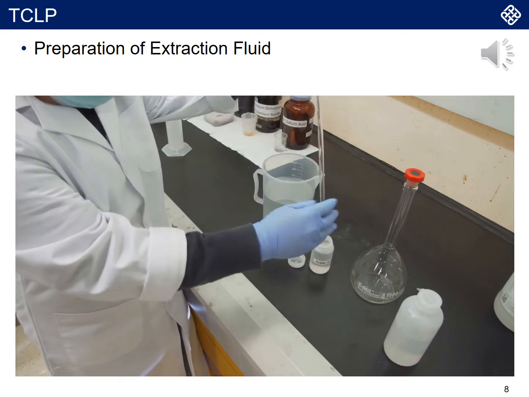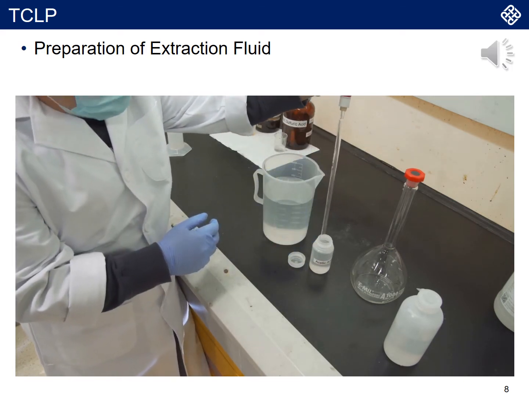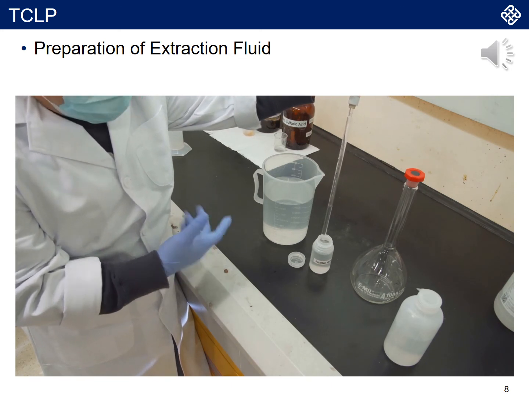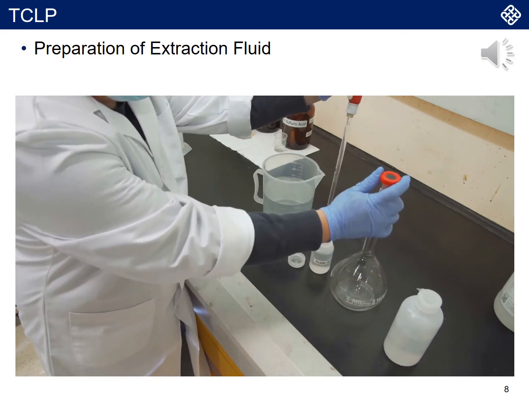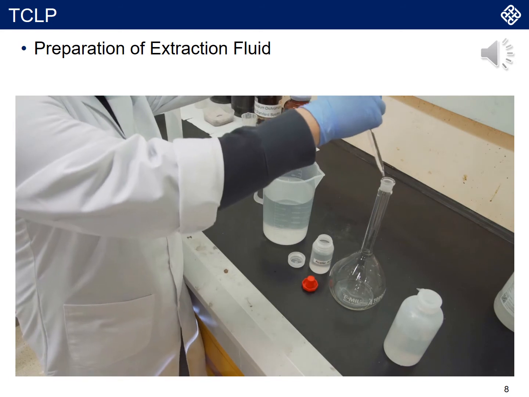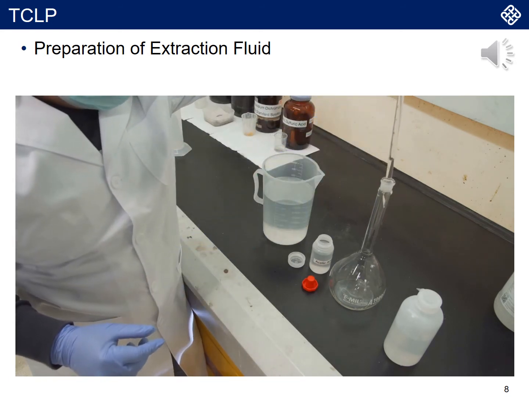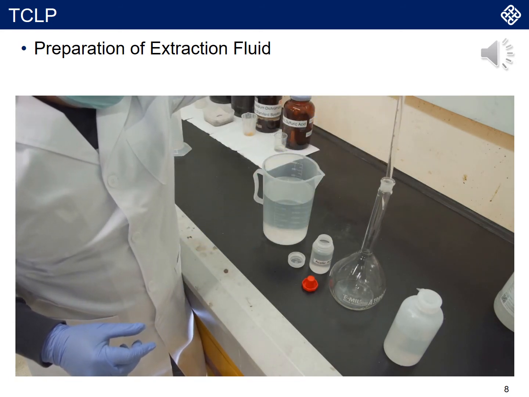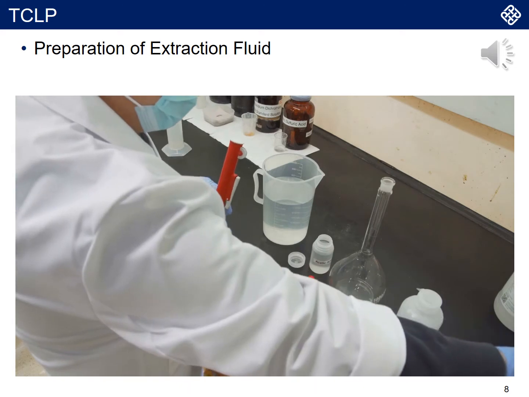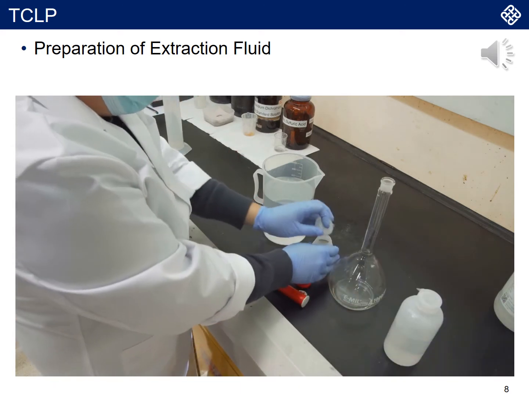To take out the acid from our original bottle, we use a tubing, and you can control the bulb to withdraw the required amount of acid and put it into the bigger container.